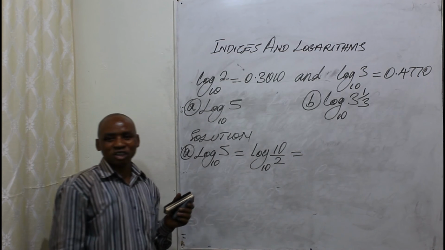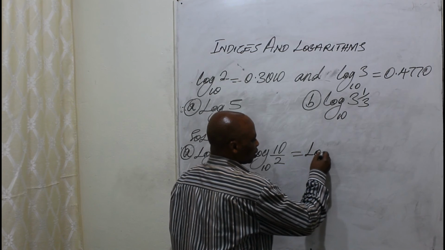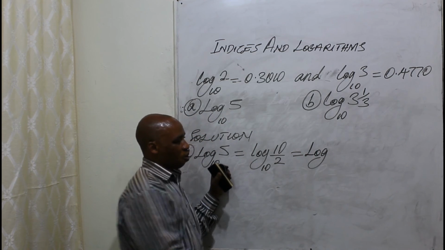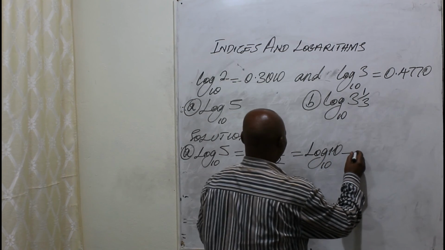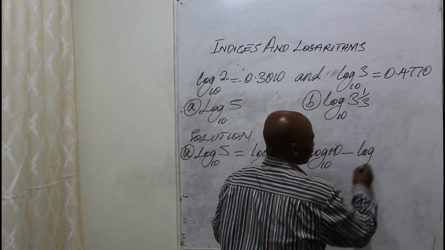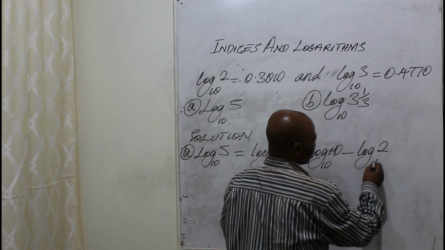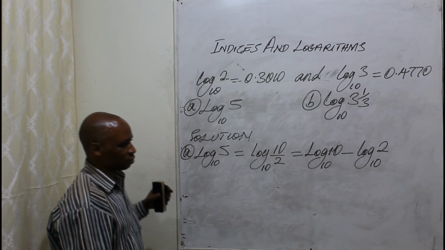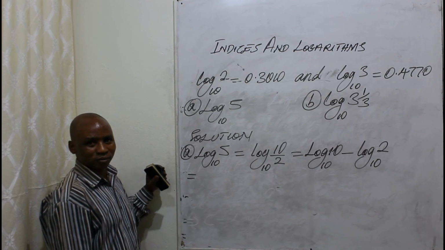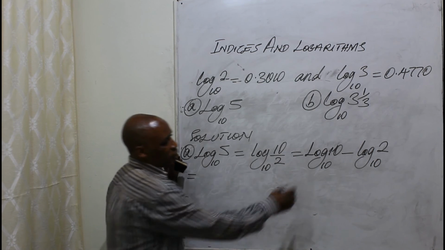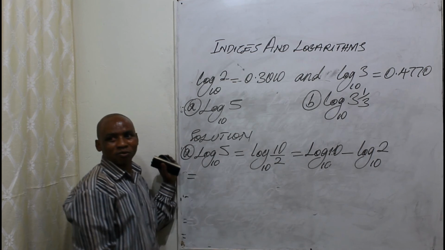Then applying the division law of logarithms, this will be equal to the log of 10 to base 10 minus the log of 2 to base 10. Then with this, we know that the log of a certain number to the same base is always 1.